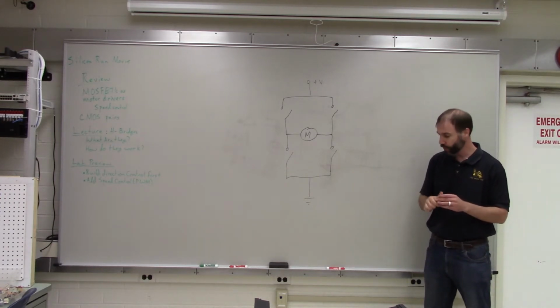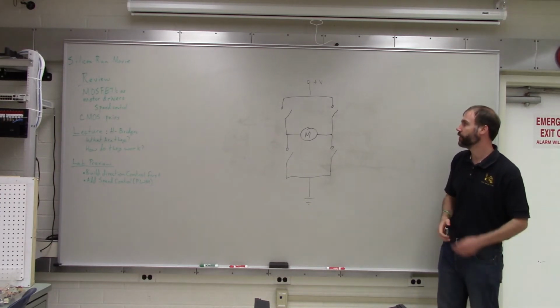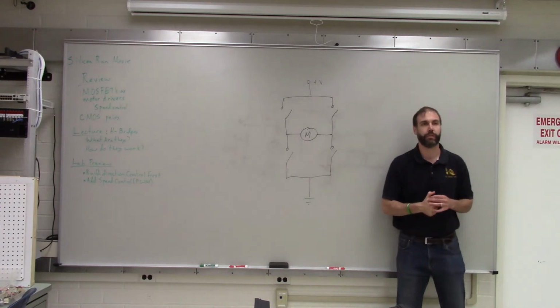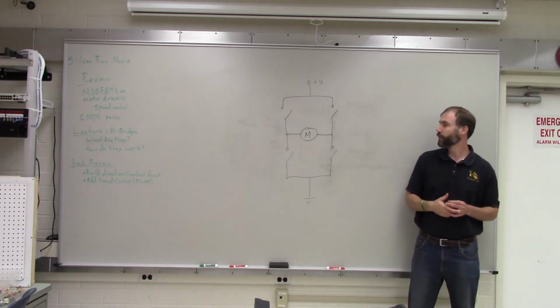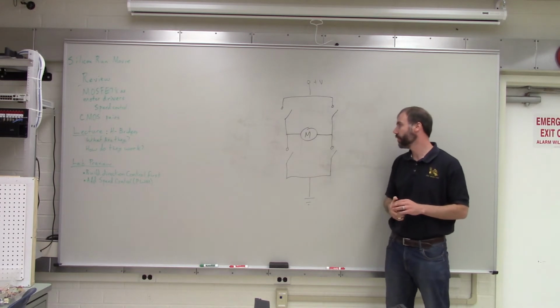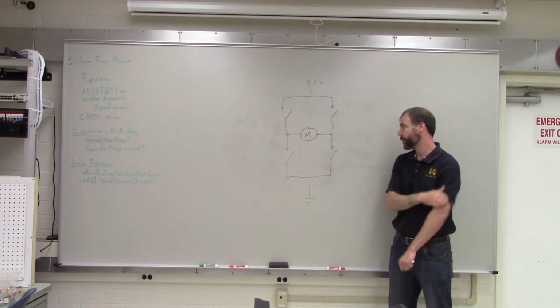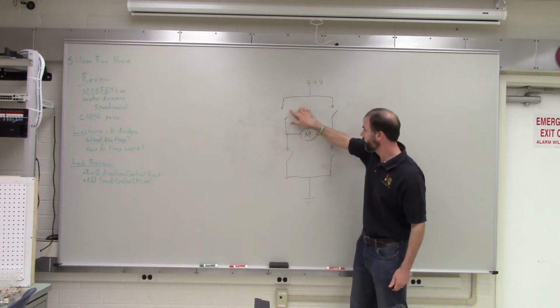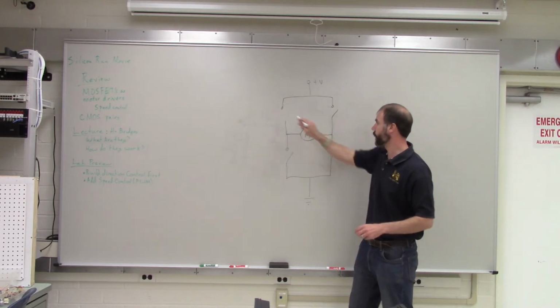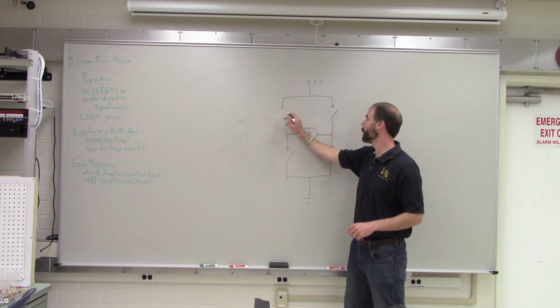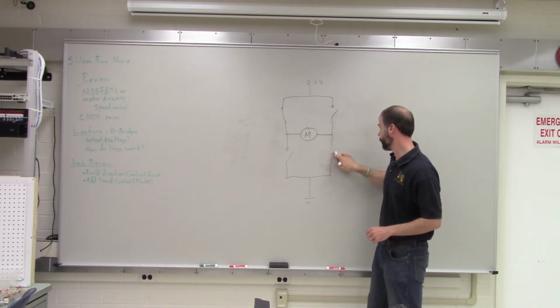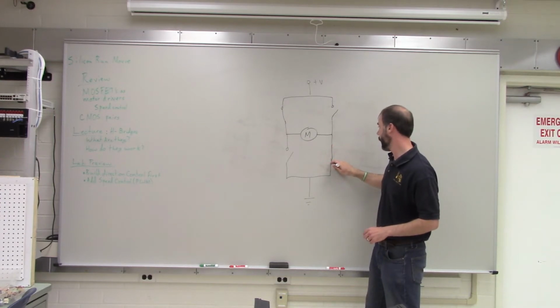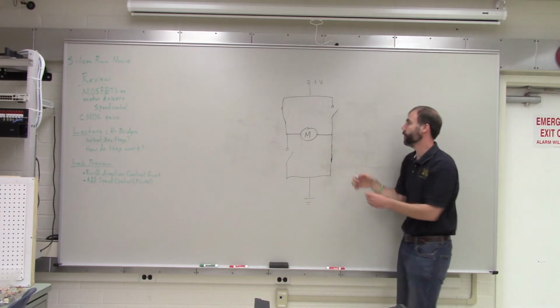So what happens to the motor when all of the switches are open like that? Is it going to turn? No. There's no path for the current to flow at all. So the motor doesn't turn. But what we can do is we can close 2 of these switches at a time. So if we close this switch up here and this switch down there, we leave the other 2 open.